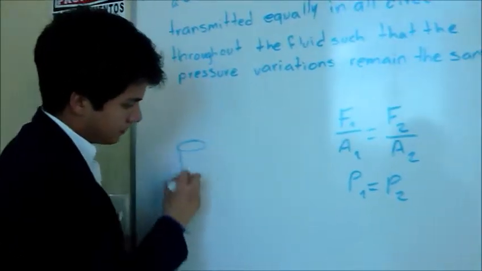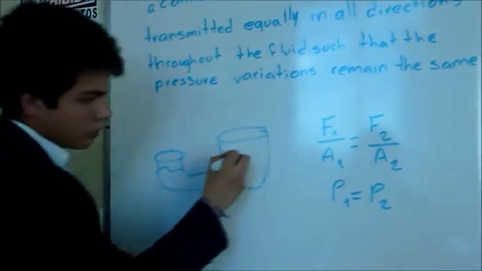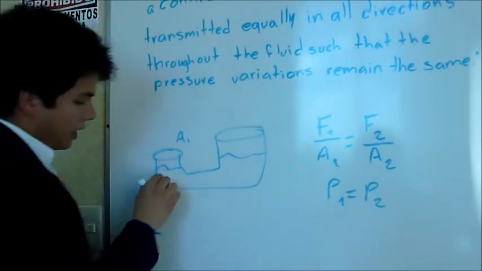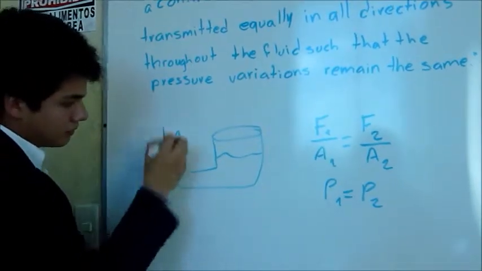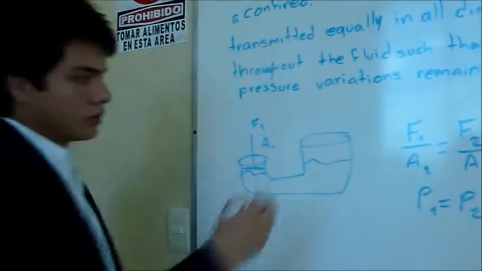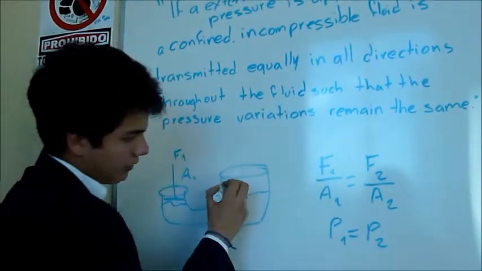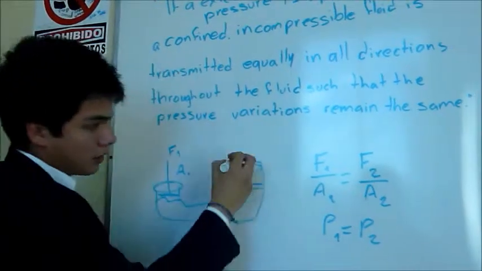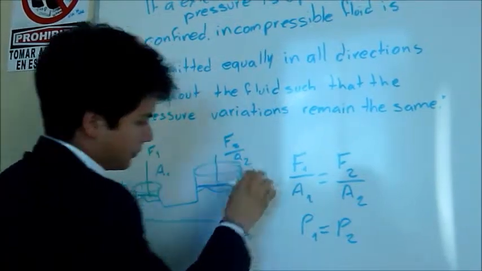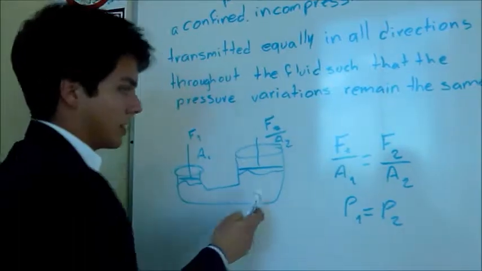Let's think about a hydraulic jack which has a certain area here, and we apply a certain force. Well, this will be equal, and we will move the incompressible fluid and the volume such that it will be equal to the force 2 over area 2. This is very useful in most of the cases.